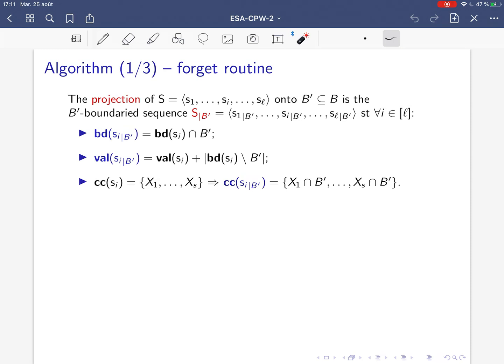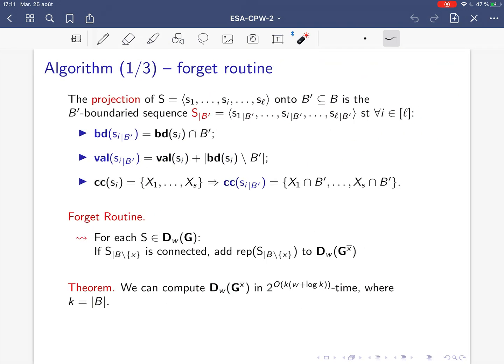And finally, the CC component. If CC of Si is the set x1, ..., xs, then CC of Si restricted to B' is defined as x1 intersected with B', ..., xs intersected with B'. What is the forget routine?